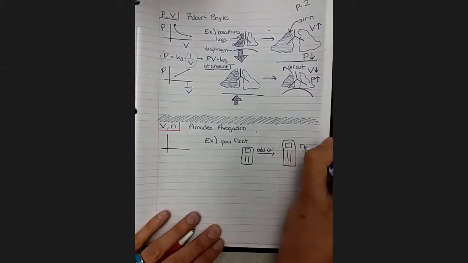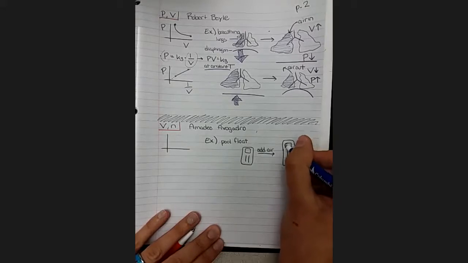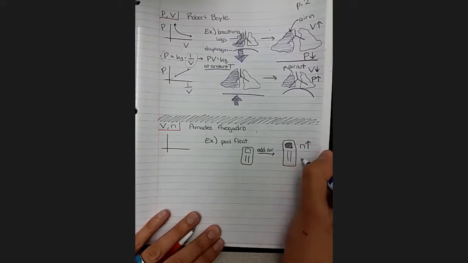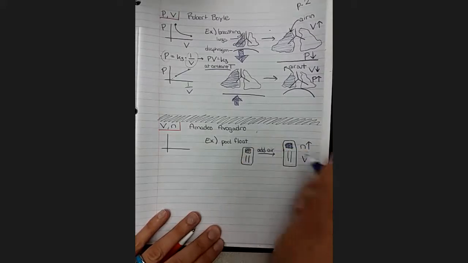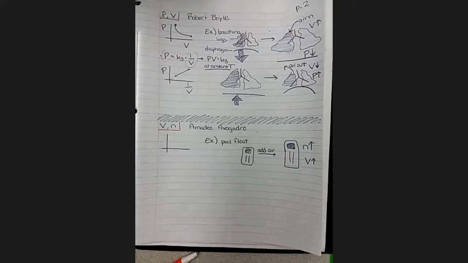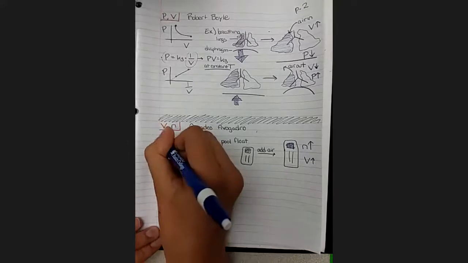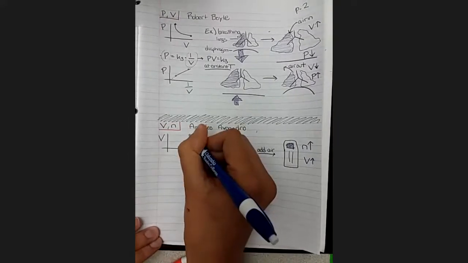So if we blow it up more and we add more moles of air, the volume is going to be larger than it was over here when it was only medium inflated. So the more you blow into it, the more the volume increases. So we've got volume on the Y, and on the X, high number of moles, high volume.